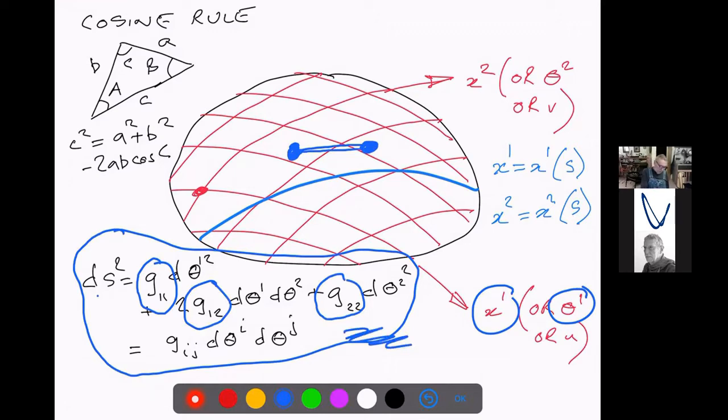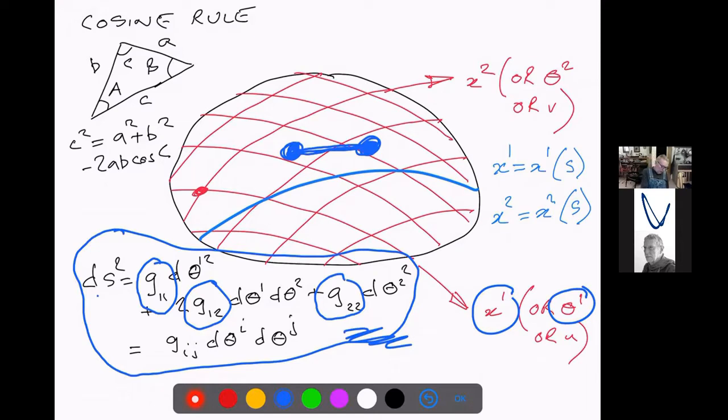Now, the nice thing about this is that not only does this allow you to calculate the distance between these 2 points, this point and this point, it also allows you to talk about strain, because what strain is, is a change in the distance between 2 points.